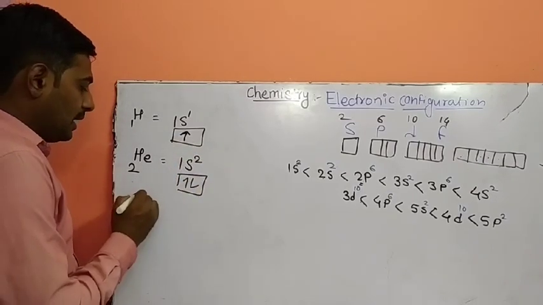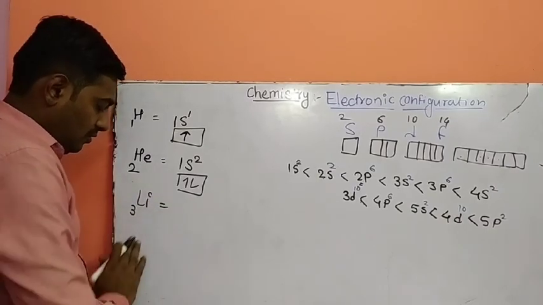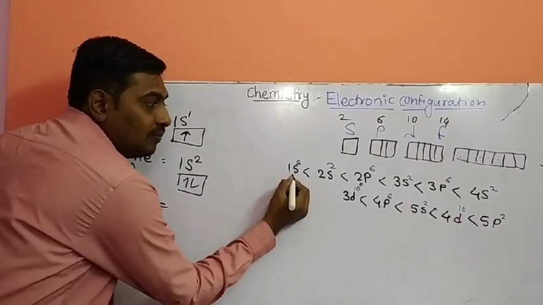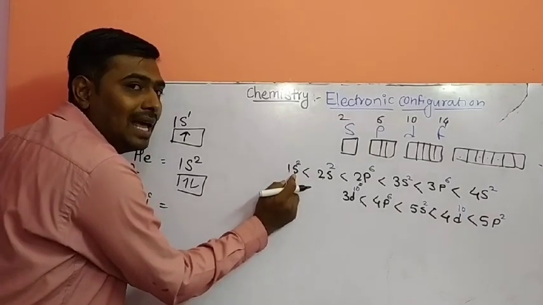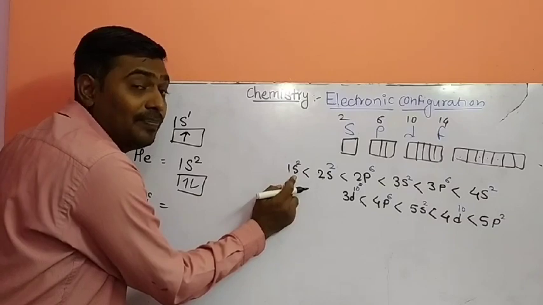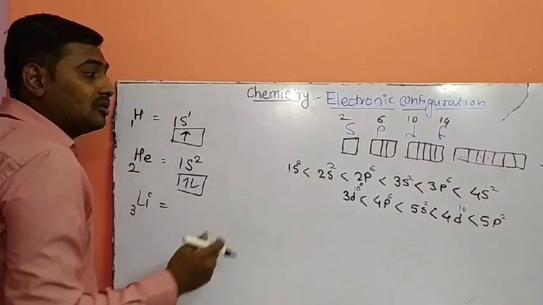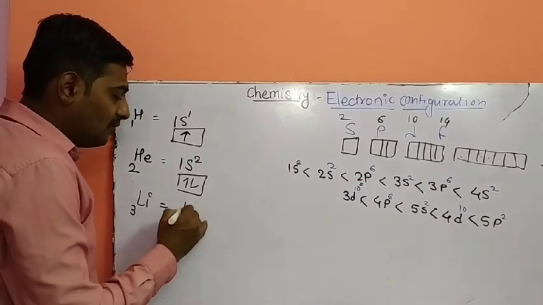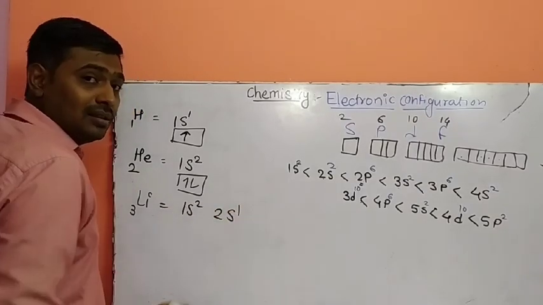Next, atomic number 3, lithium. So first 2 electrons enter this orbit. After that, this orbital has completed its capacity. Then the next electron enters the 2s orbit. So what should be the electron configuration? 1s2, 2s1, 2 plus 1.